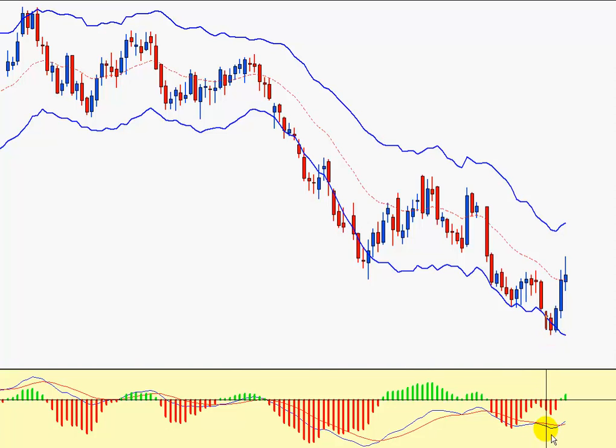If you look here, you'll notice that the MACD line was higher here than it was here, while the price was lower than here. Another indication that we don't have support for this extra move down, and so we should expect a really nice move coming up off of here based on bullish divergence.